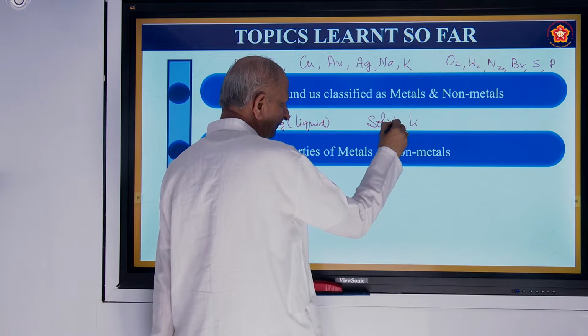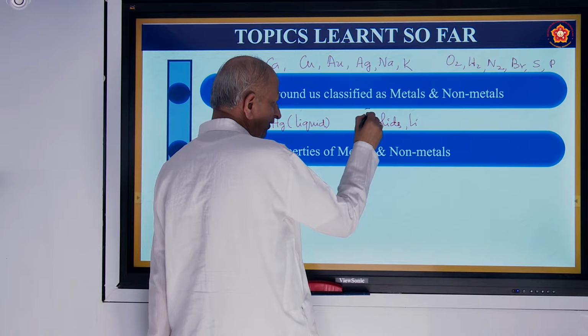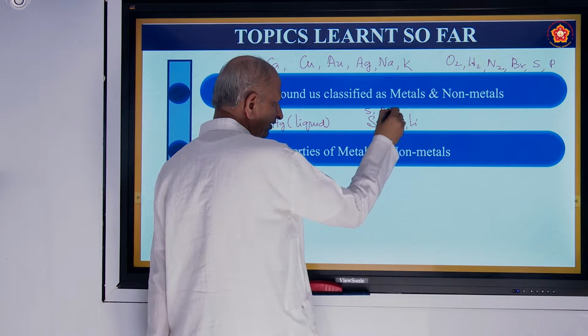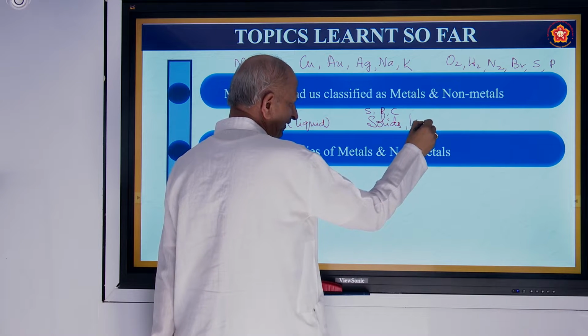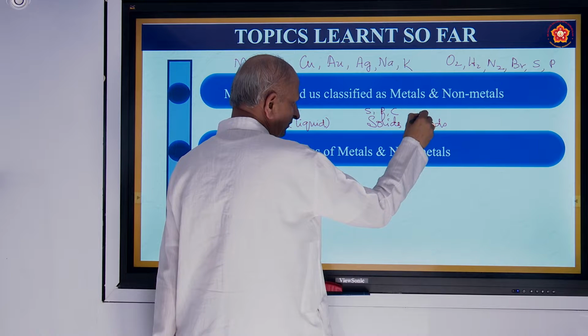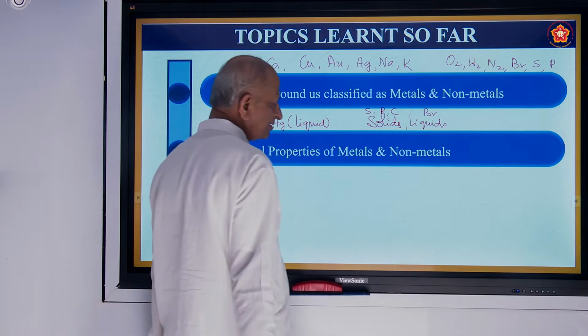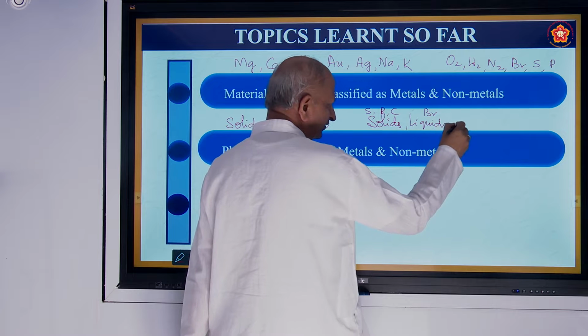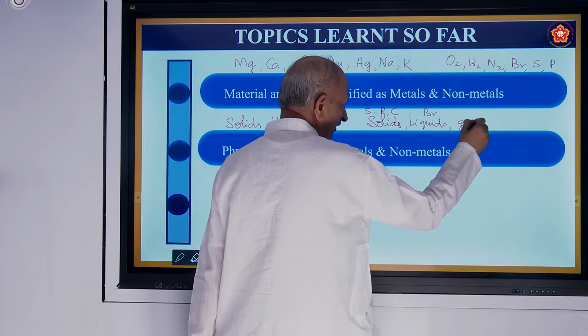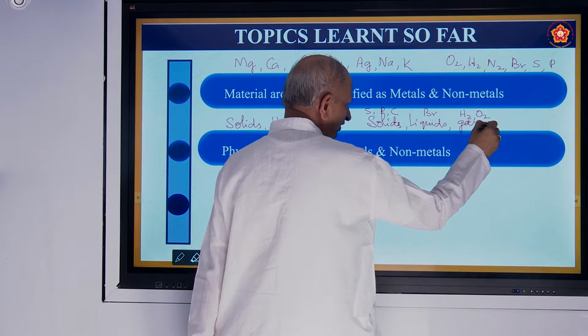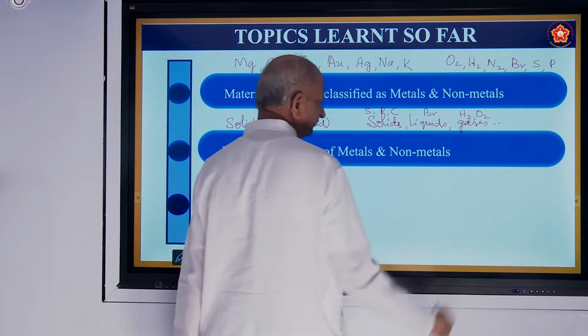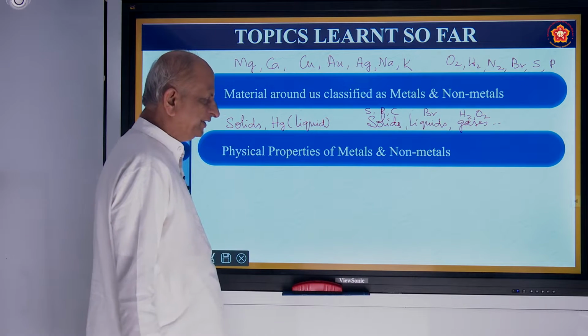Solids, for example sulfur, phosphorus, carbon. Liquids, namely bromine. And also you have gases like hydrogen, oxygen, nitrogen, etc. They exist in all three states of matter.